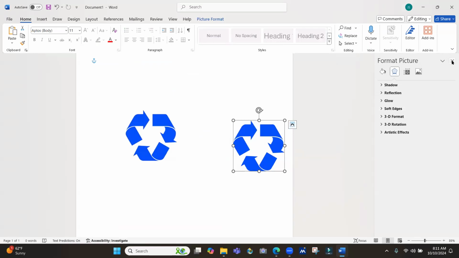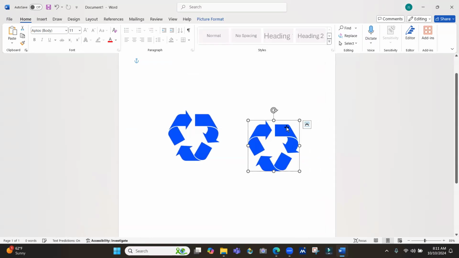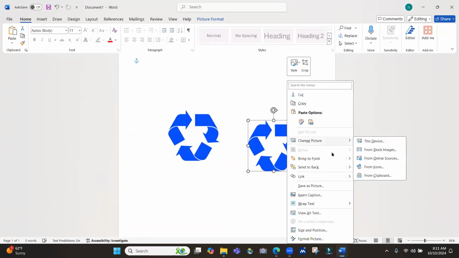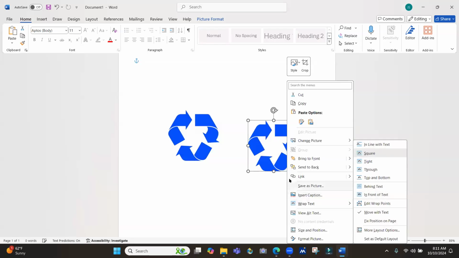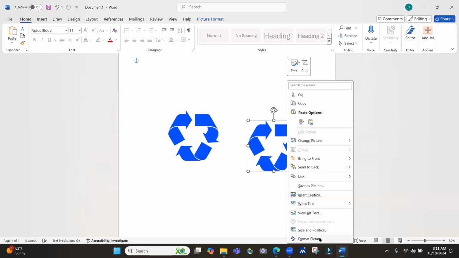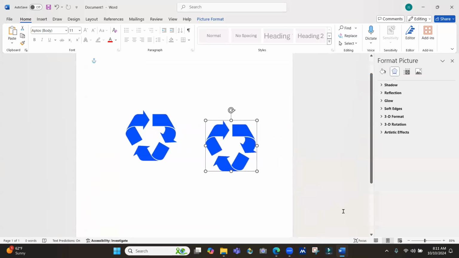I'll fiddle with it just a little bit. There is a way you can make the shape somewhat transparent. There you go.